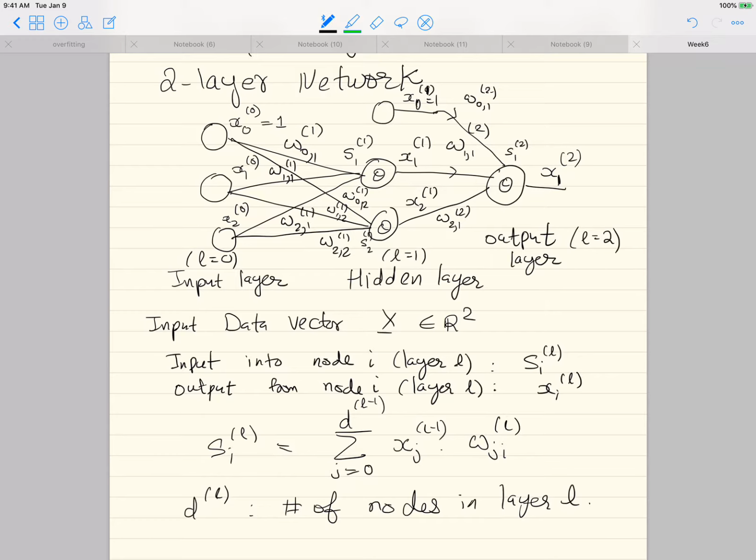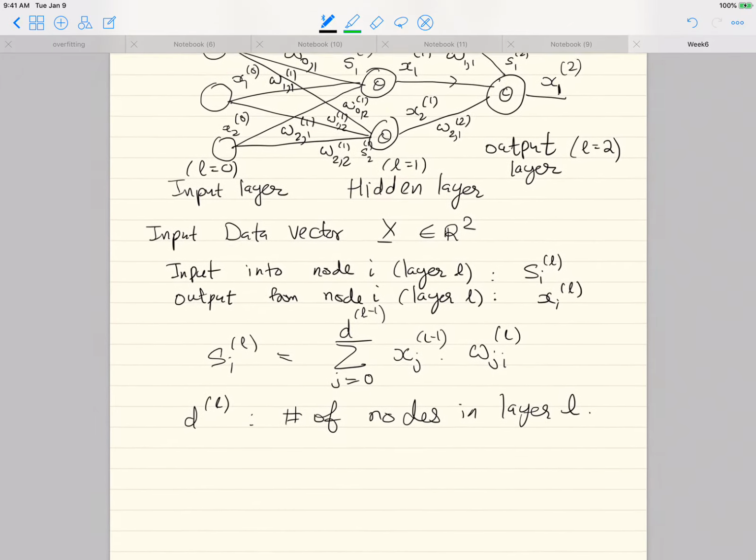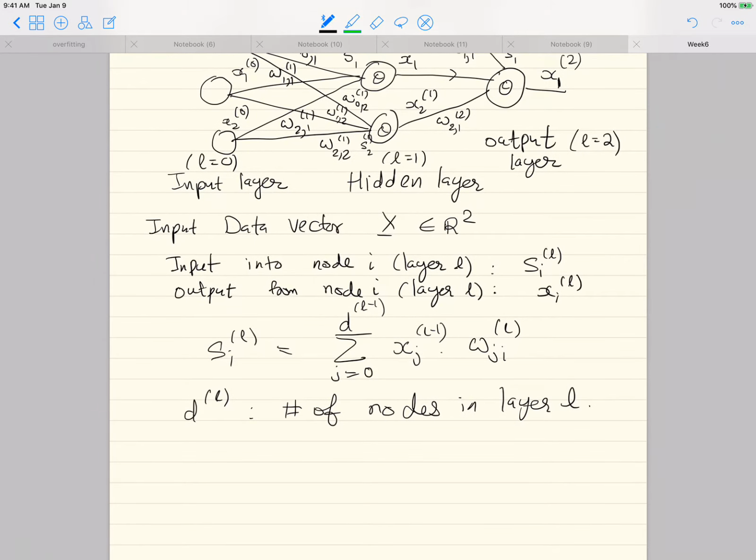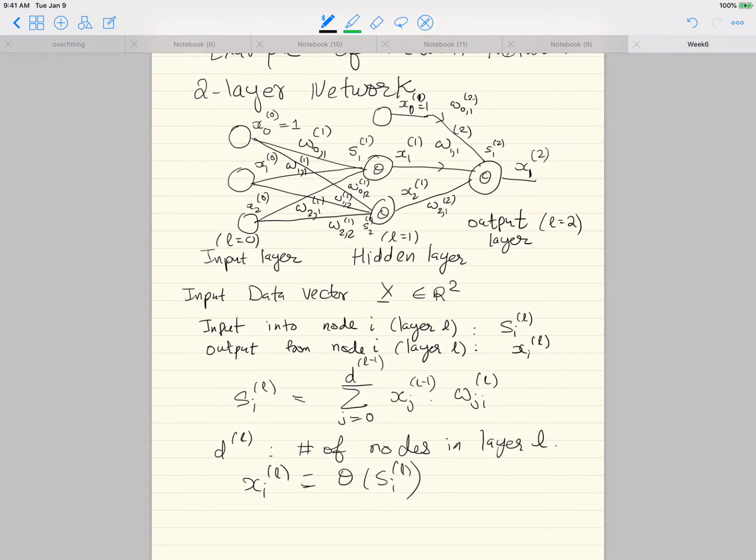Once you have an input data vector x and a certain set of weights, you can compute the output value by doing this computation over and over at each of the nodes. And x_i of L will be theta of s_i of L. So what is happening here is you have an input data vector x. In this example, it's two-dimensional.